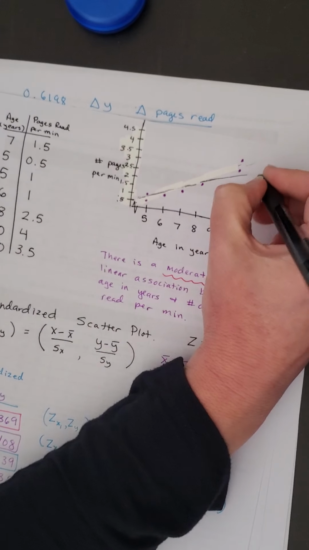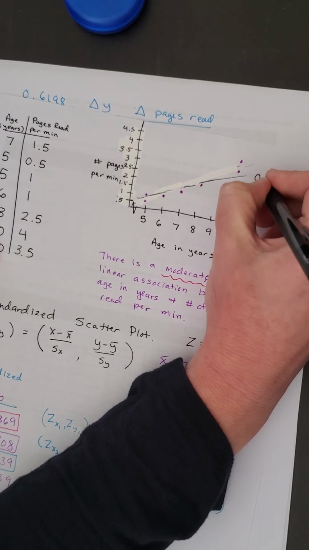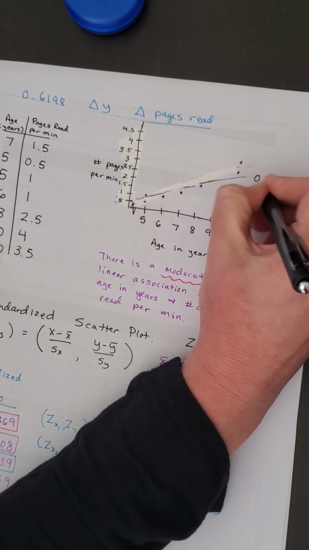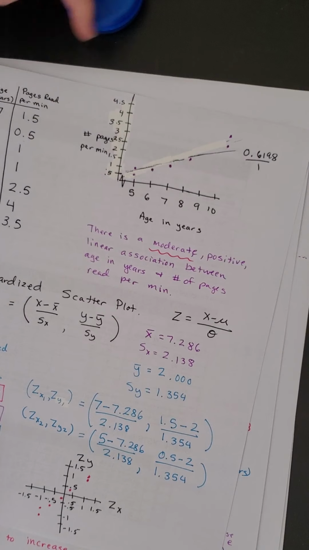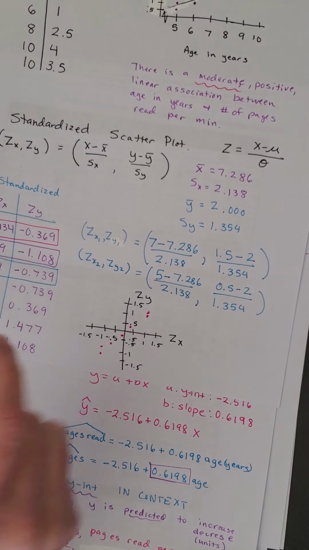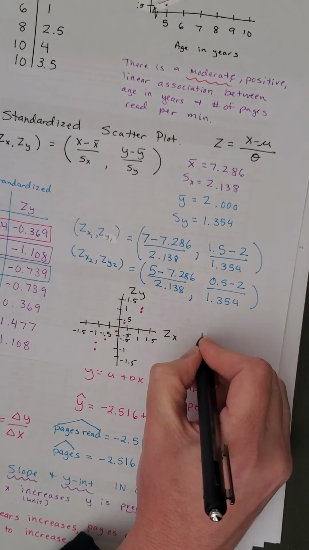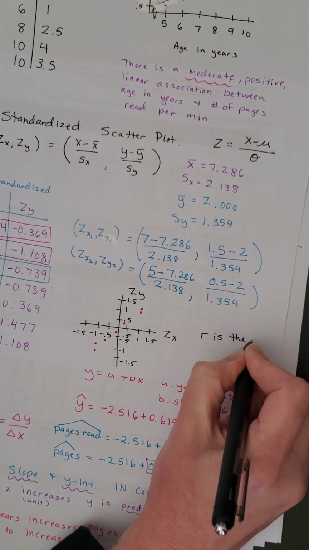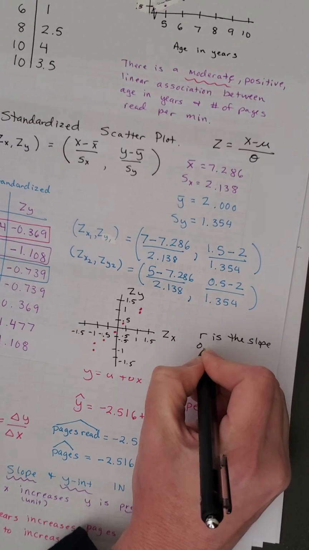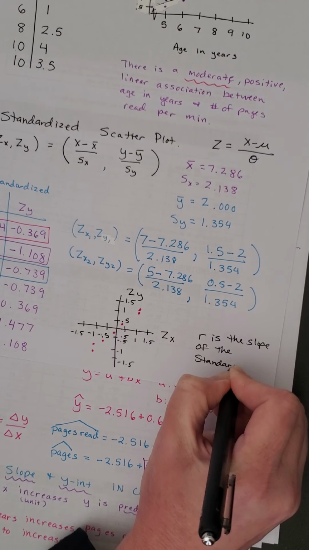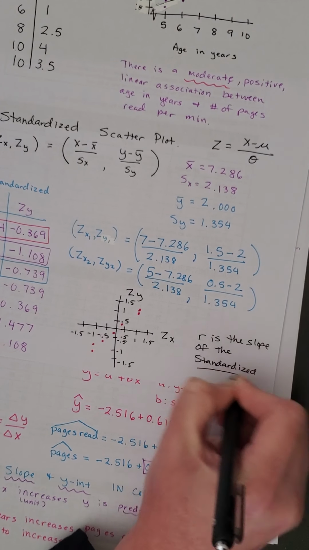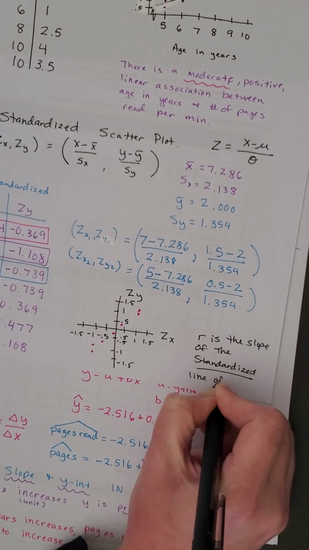Now, the slope is 0.6198 over 1. The cool thing that you may not have realized that we found with our R value is that R is the slope of the standardized line of fit.